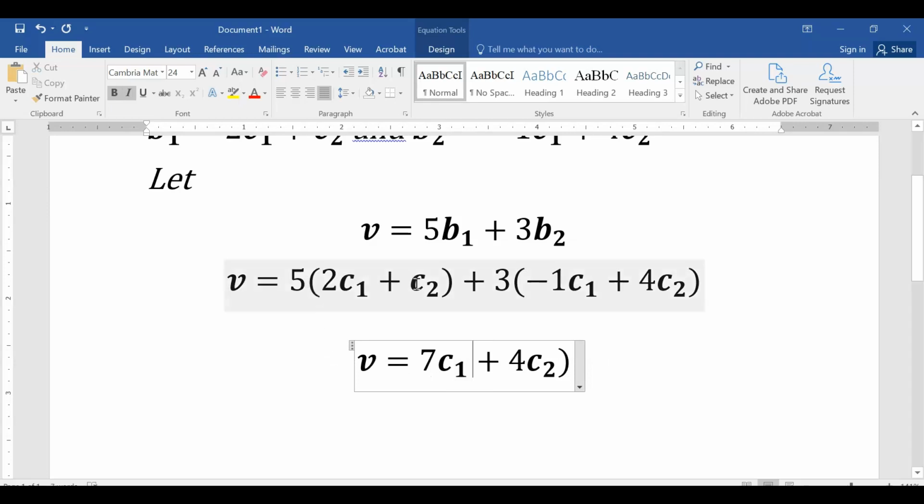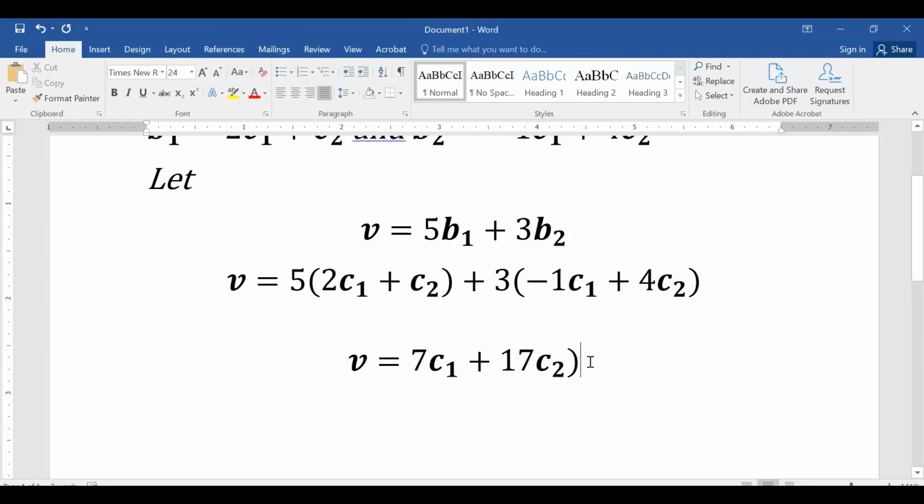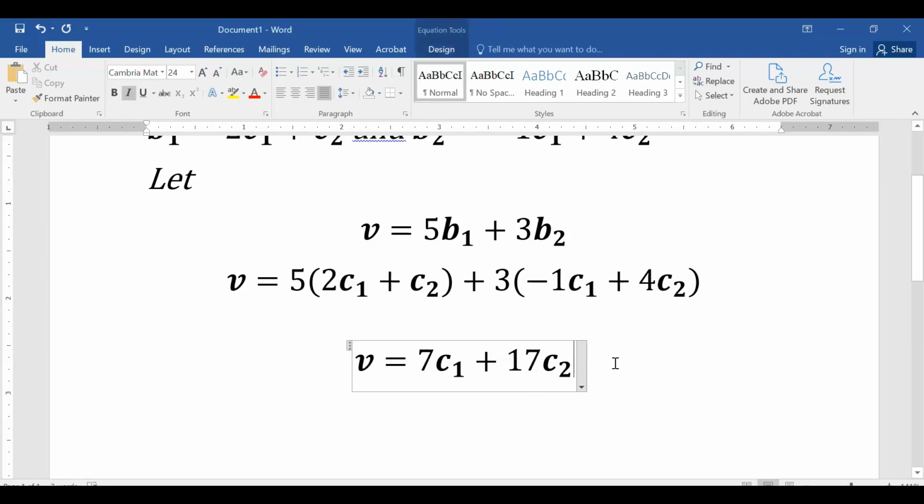5 times C2 plus 12 times C2 gives me a 17C2. So there we go.